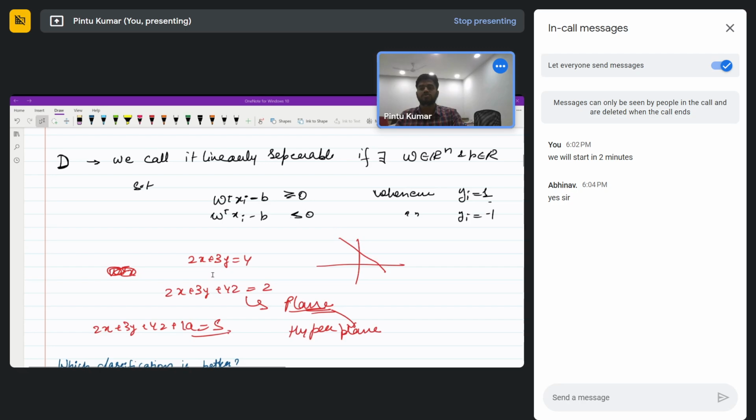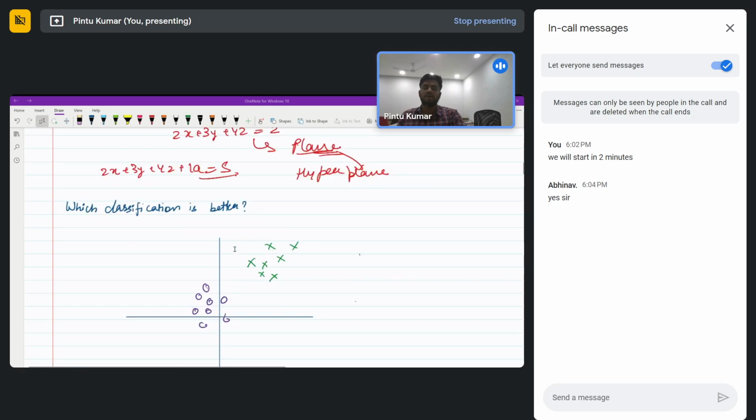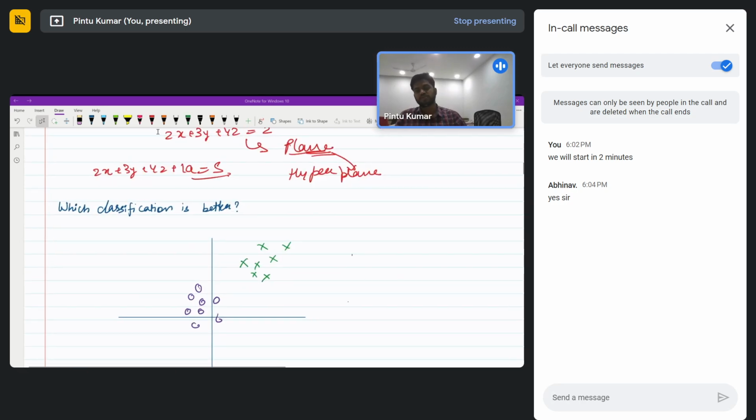Now, in the beginning of this course, we learned about logistic regression. And if some of you have done some course on machine learning, you might be aware of other classification techniques like decision tree or random forest, or those kinds of things. Now, why do we want to learn about SVM as such?